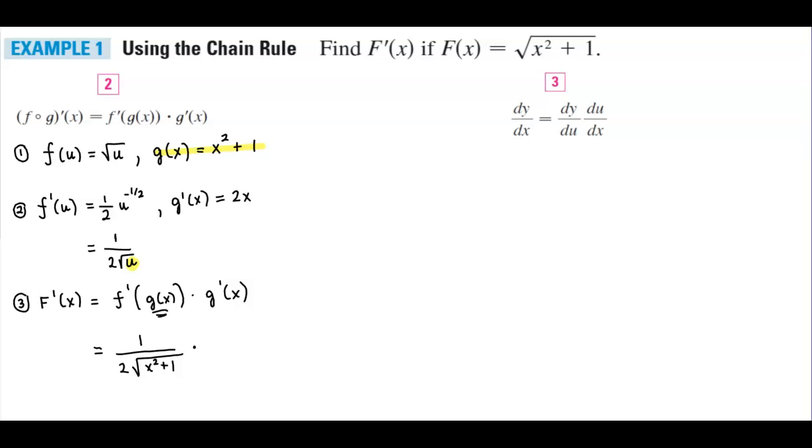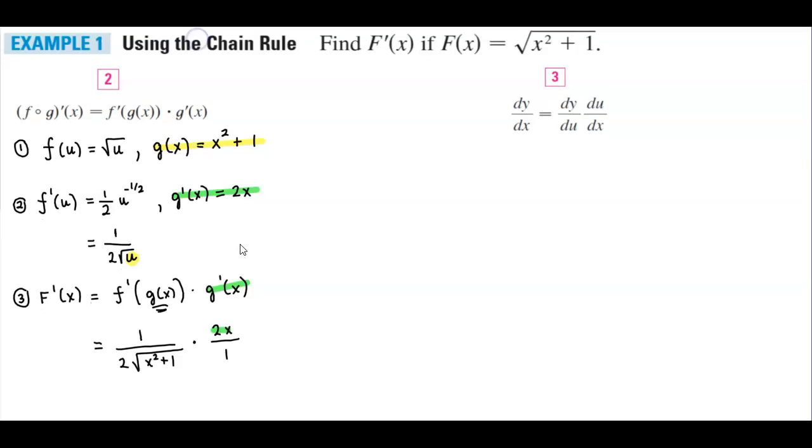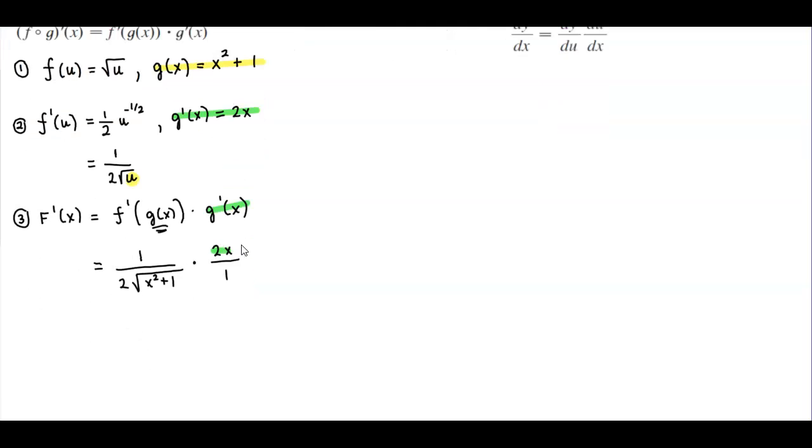And then what we're going to do is multiply that by g prime of x, which we know is 2x, and that's 2x divided by 1. So again, where do we get the 2x from? Because g prime of x is equal to 2x. Okay, so now we have this in our numerator. So we know that we have 2x over 2 times the square root of x squared plus 1.